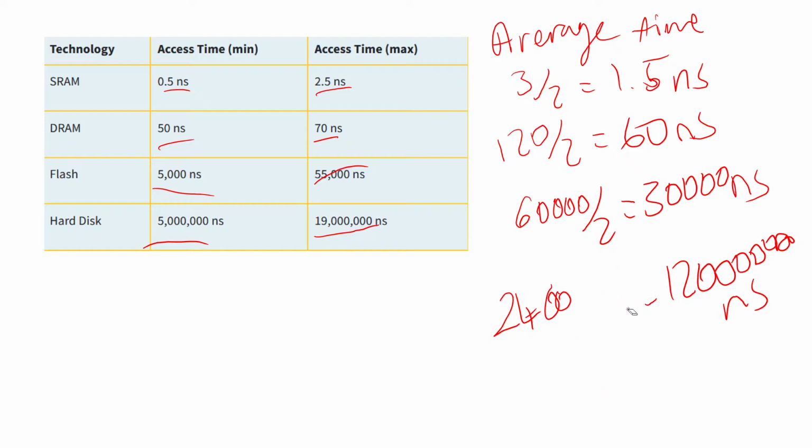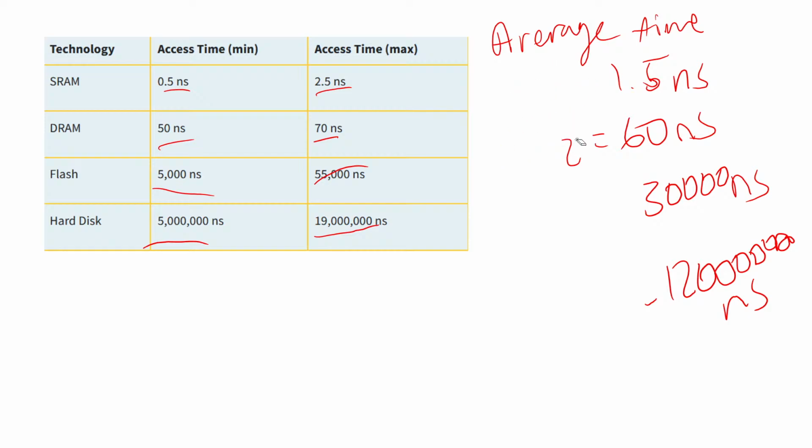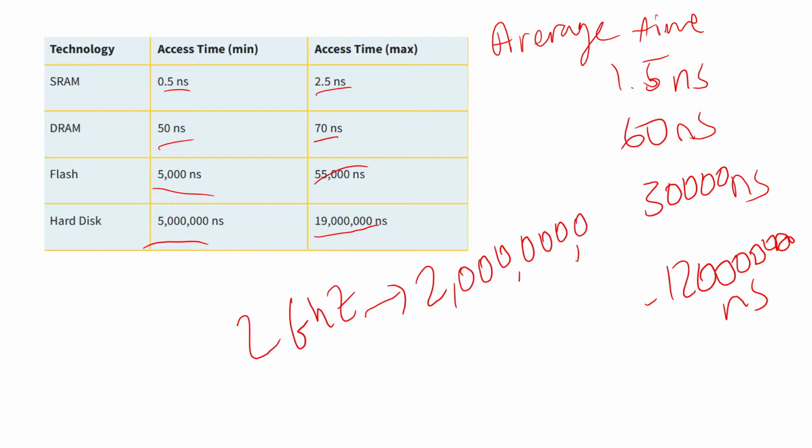So if we just have these values, we want to know how many cycles. We're taking it as 2 gigahertz. So this is a 2 gigahertz thing. This should be G. So in 2 gigahertz, we know that there is 1, 2, 3, 4, 5, 6, 7, 8, 9 cycles per second.